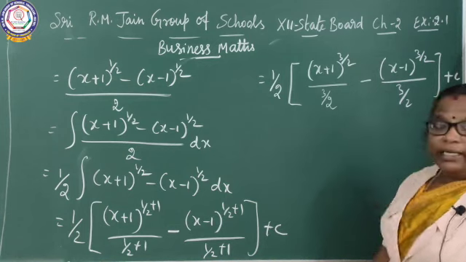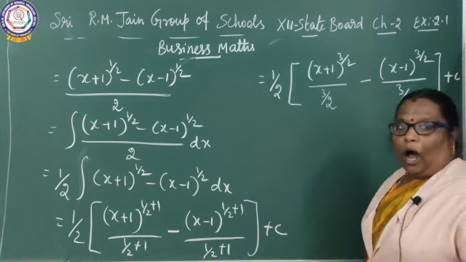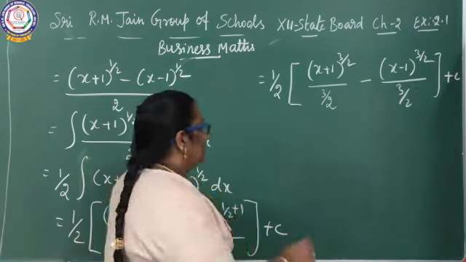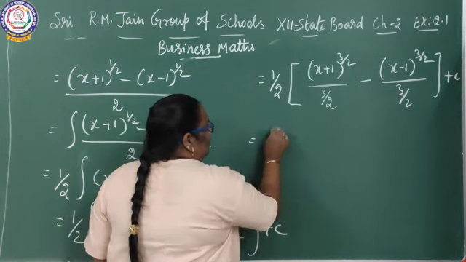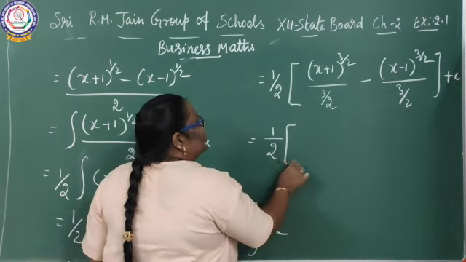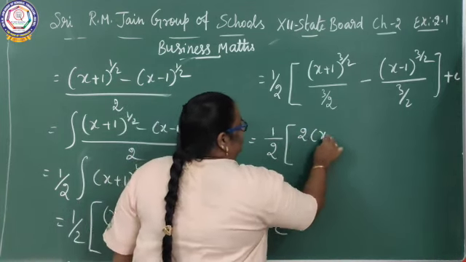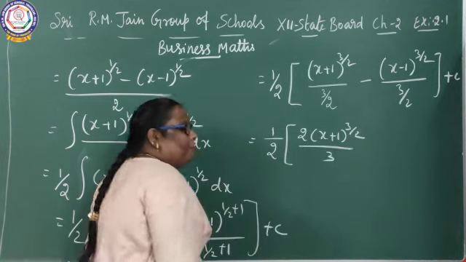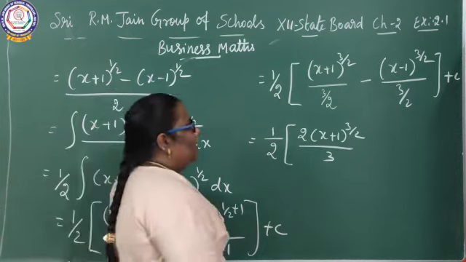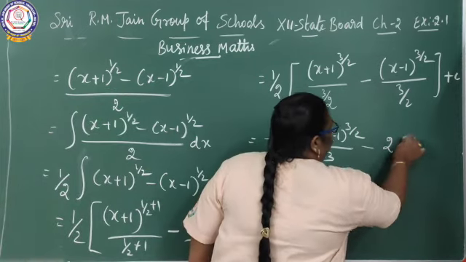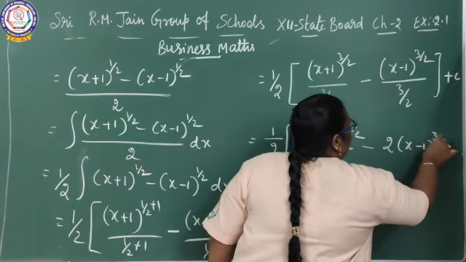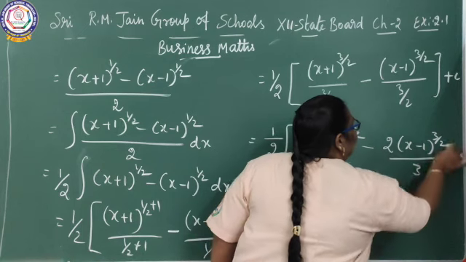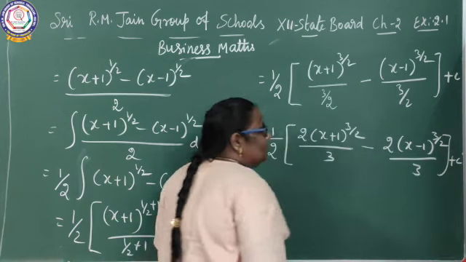Commonly, I can take 3 by 2 and bring it out. See here, it gives 1 by 2 into 2 x plus 1 whole power 3 by 2 by 3, minus 2 x minus 1 whole power 3 by 2 by 3 plus c.